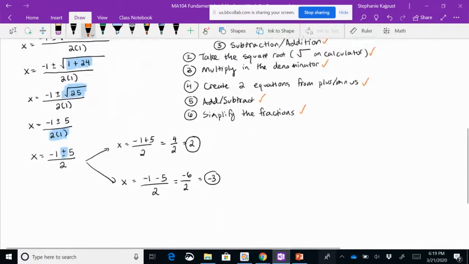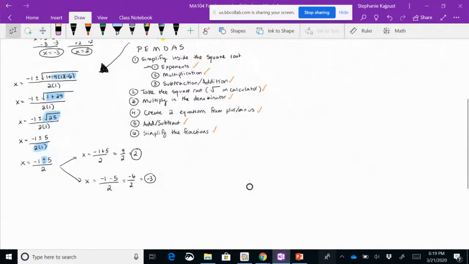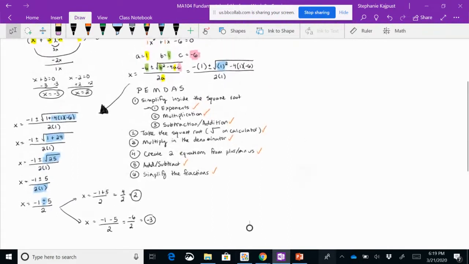So now I'm going to zoom out so you can see those are the same answers that we got when we did it by factoring. But you can see that it was a lot more work. But you do get the same answers. This is why I suggest that you try to factor first, because it's a lot less work.